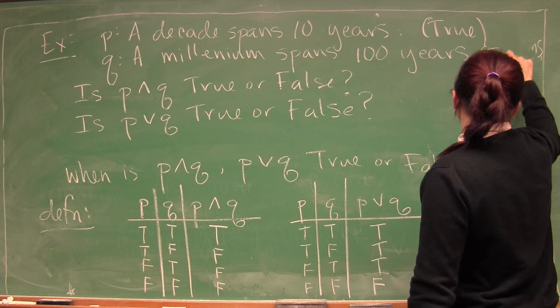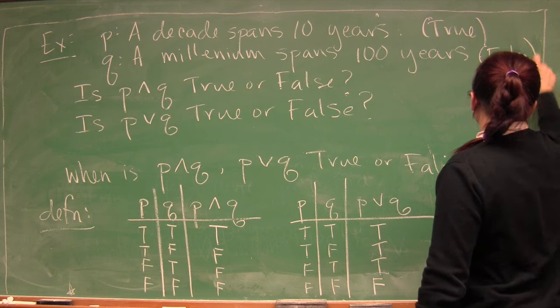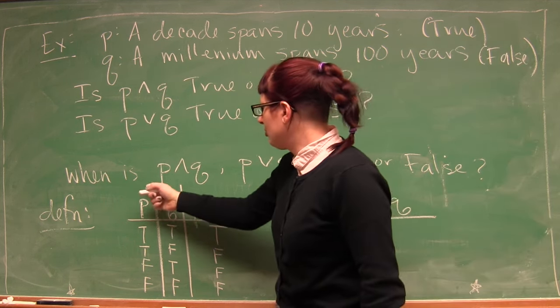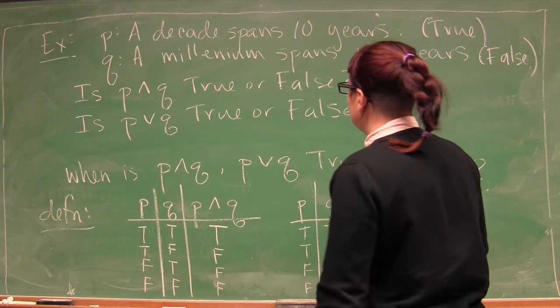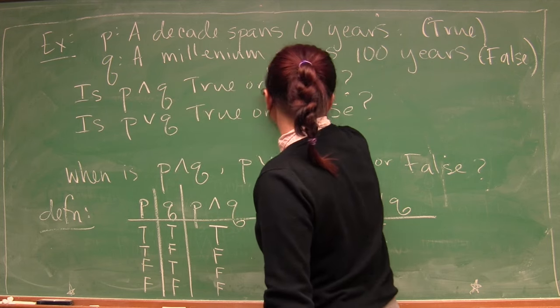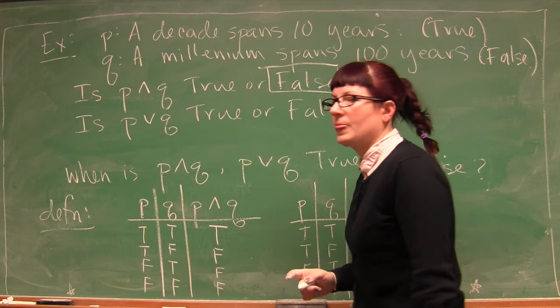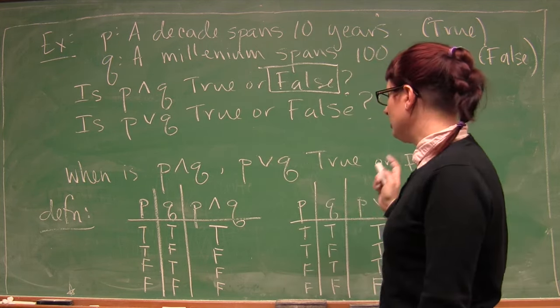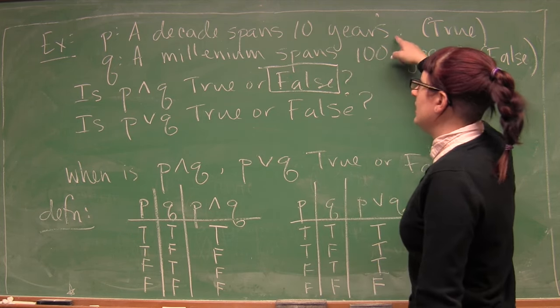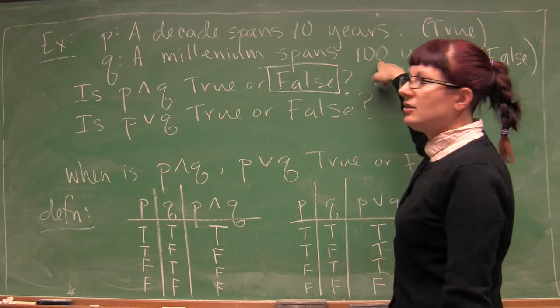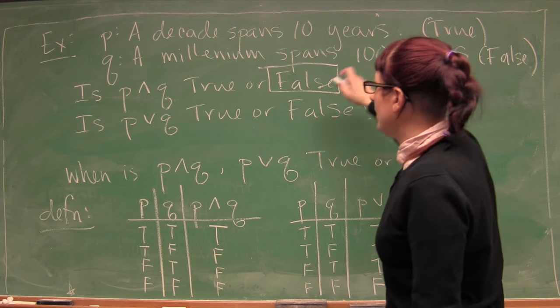So that means we have true and false. Together, that is false. P or Q, on the other hand, only requires one of the two propositions to be true. Since a decade does span 10 years, it doesn't matter whether Q is true or false. We have true.